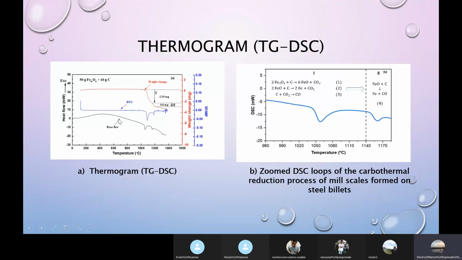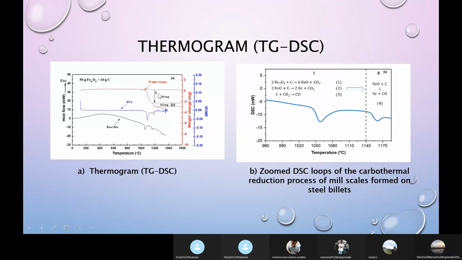It measures the change in mass as a function of the increase in temperature. From room temperature, it is uniform until 1100 Celsius, then it is noted that the weight changes in two stages.